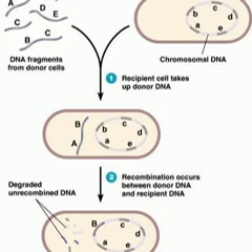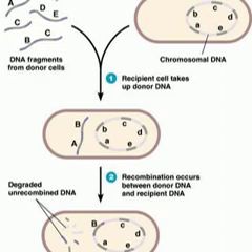Now we'll move on to conjugation. This is a third mechanism by which genetic transfer takes place. This mechanism requires the presence of a special plasmid called the F plasmid. Therefore, we will briefly review plasmid structure before continuing. What are plasmids?